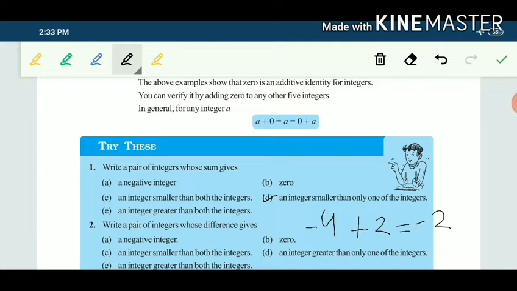Minus 2 is greater than minus 4 and it is smaller than plus 2. Fifth part is an integer greater than both the integers. So take any two positive integers. 2 plus 3, that is equal to 5. So 5 is greater than both 2 and 3.